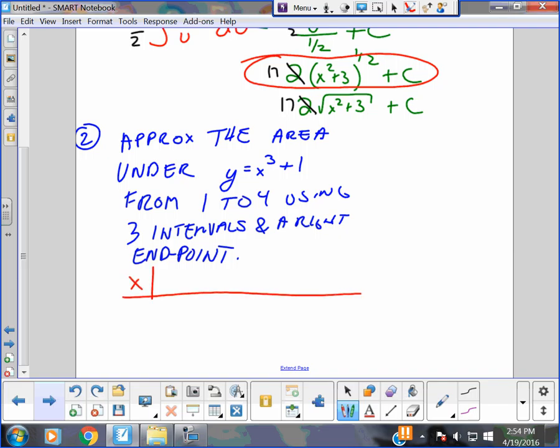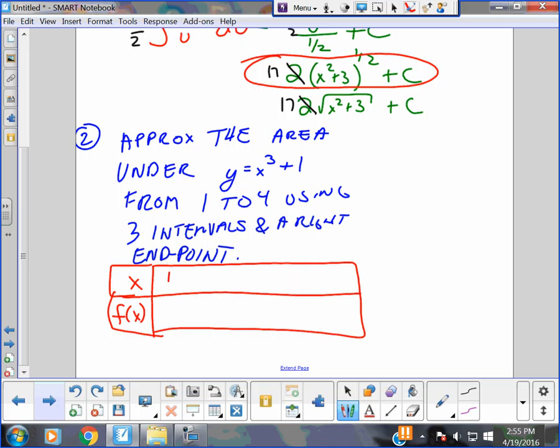Now, everybody, hopefully you can picture the graph, but it's not that important. It starts at 1, goes to 4. And obviously I have 3 intervals. So 1 to 2, 2 to 3, 3 to 4. There's an interval here, here, and here.